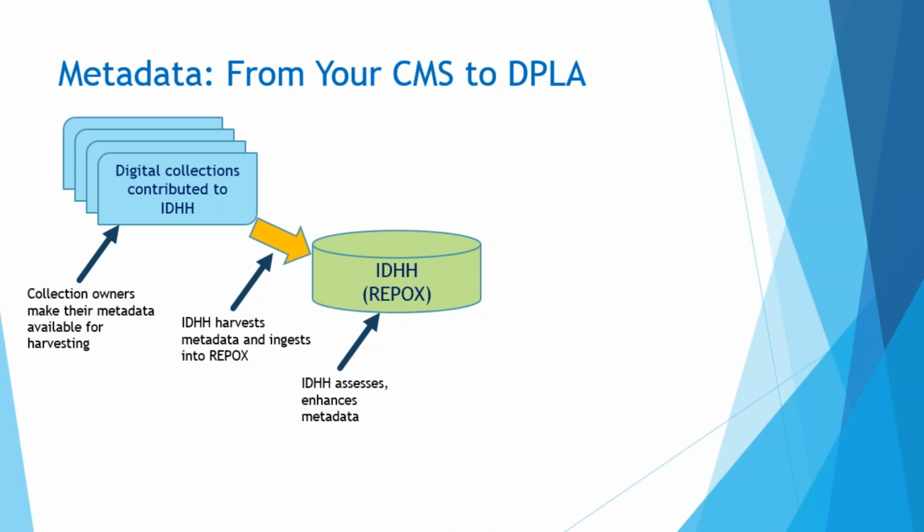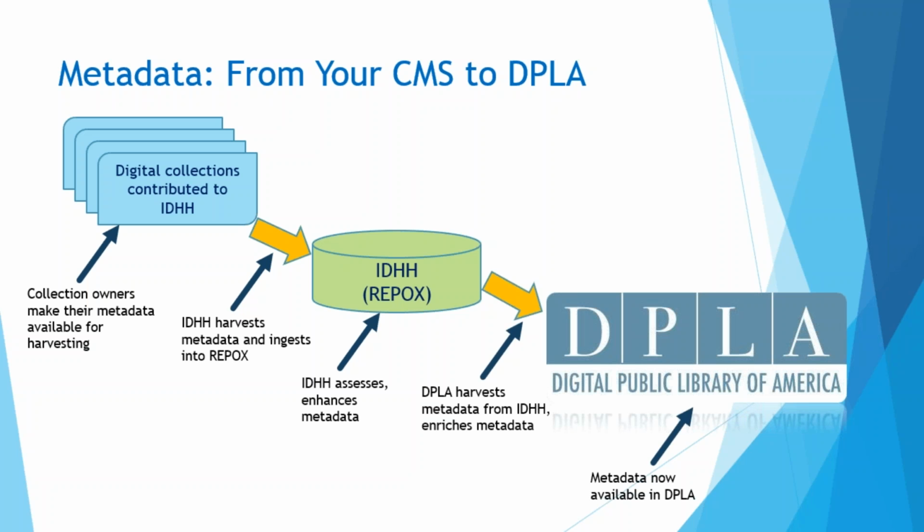Once in the REPOX server, we review and enhance the metadata to ensure that it is shareable. During this process, we'll communicate with you and the contributing institutions when remediation is necessary, and I will go into when remediation is necessary later. And then when that is ready, the metadata is harvested and ingested by DPLA and becomes available in the DPLA portal.